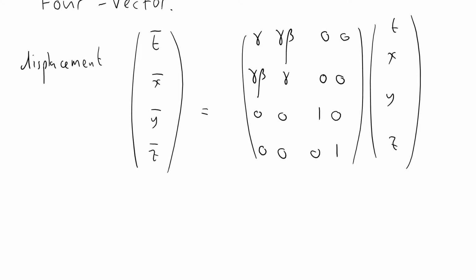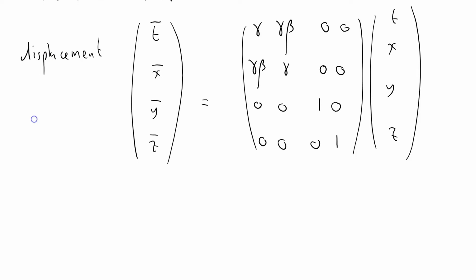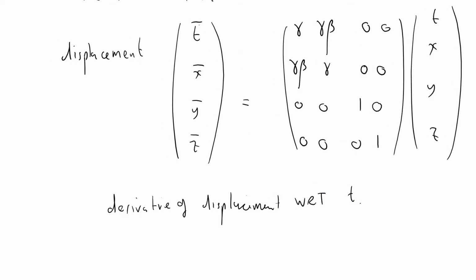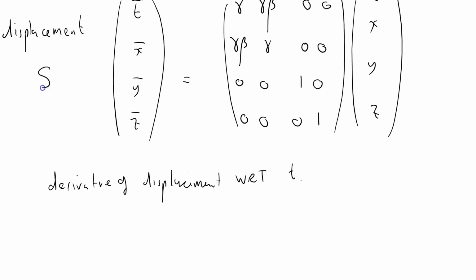Well, that's the displacement. If we start talking about the derivative of displacement with respect to time, we've suddenly got a problem, because whose time do we take it with? We've got a t bar here. If we call that s for displacement, we might have full derivatives, ds by dt.